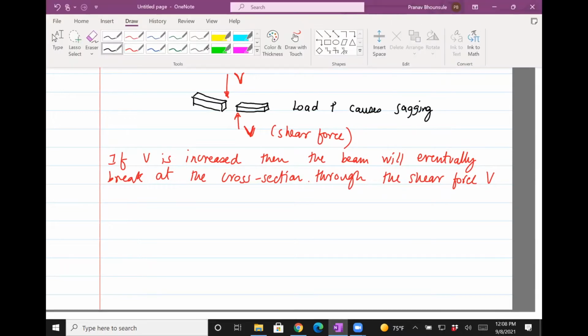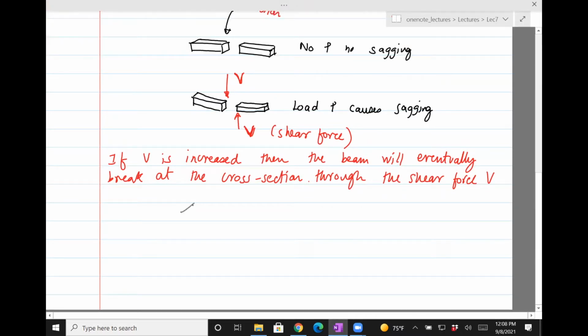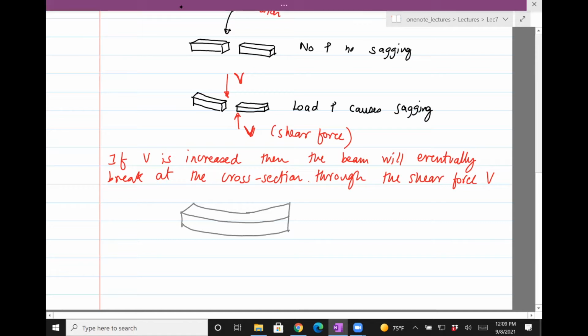I'm going to redraw the beam. Okay, now there's no cross section, but I just isolated the beam under the load P. So it's common experience that the way this will bend is the inner part looks like it curves, right?